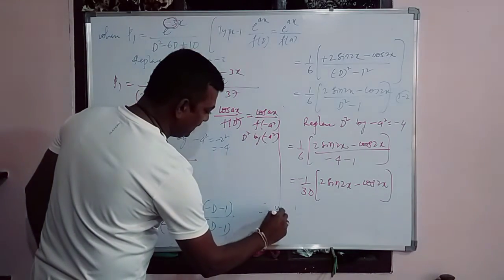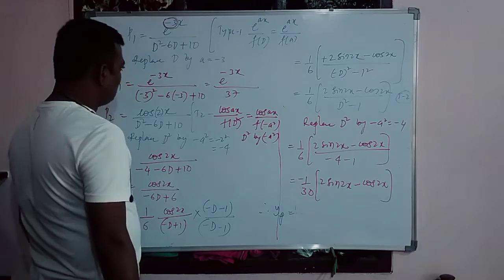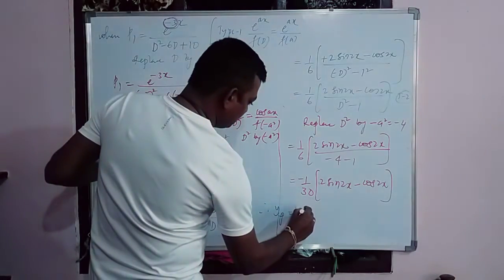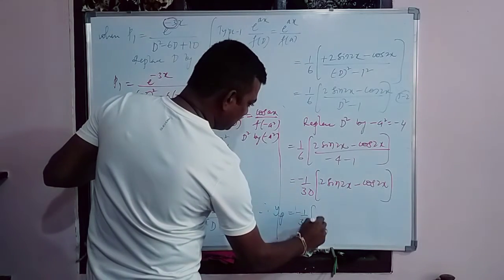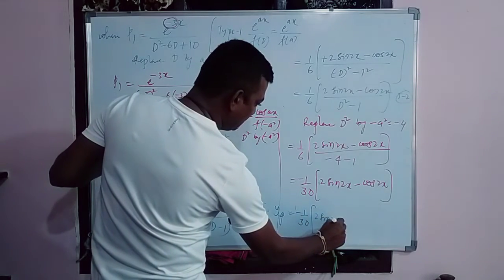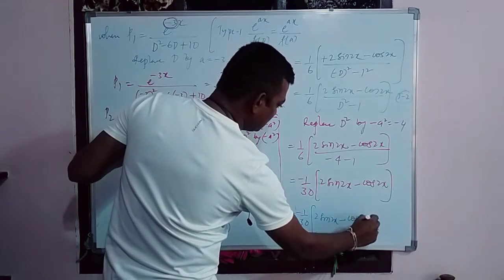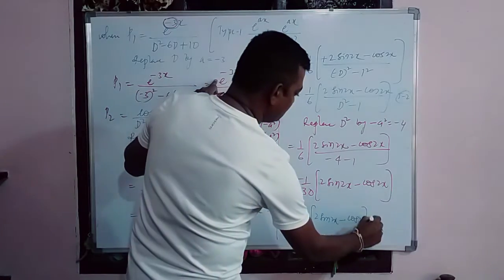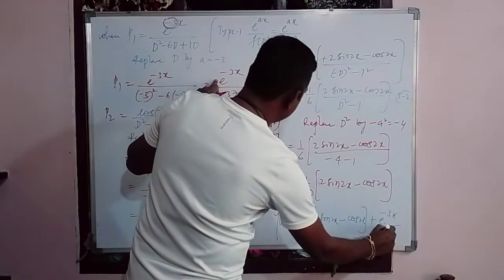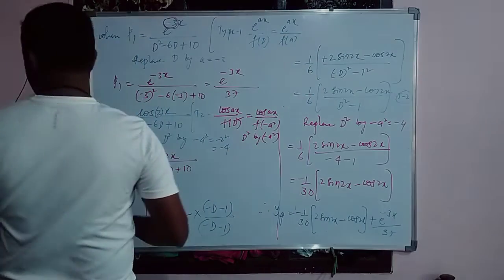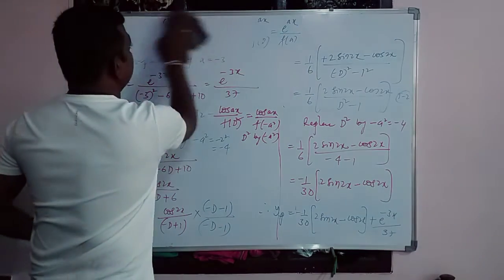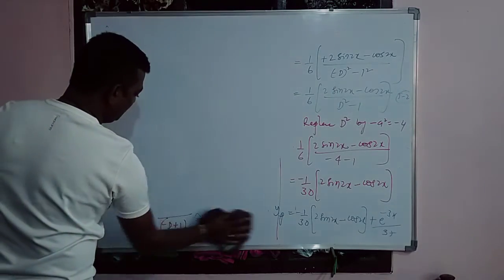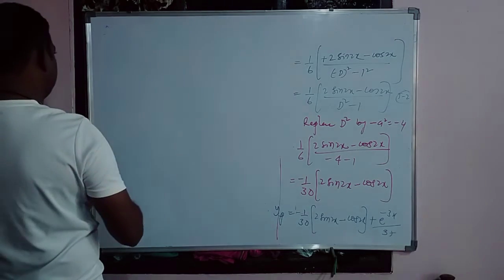Therefore yp, that is equation number 1, becomes: the first one is minus 1 by 30 times 2 sin 2x minus cos 2x, that is P2, and P1 is plus e raised to minus 3x divided by 37. So finally the general solution is the sum of the complementary function and the particular integral.